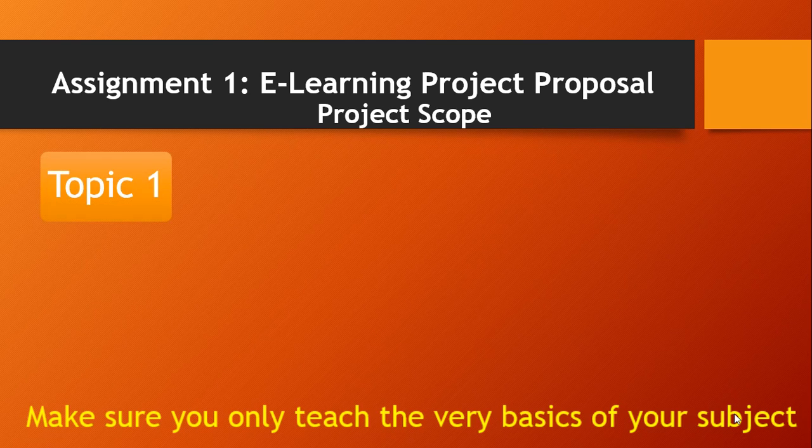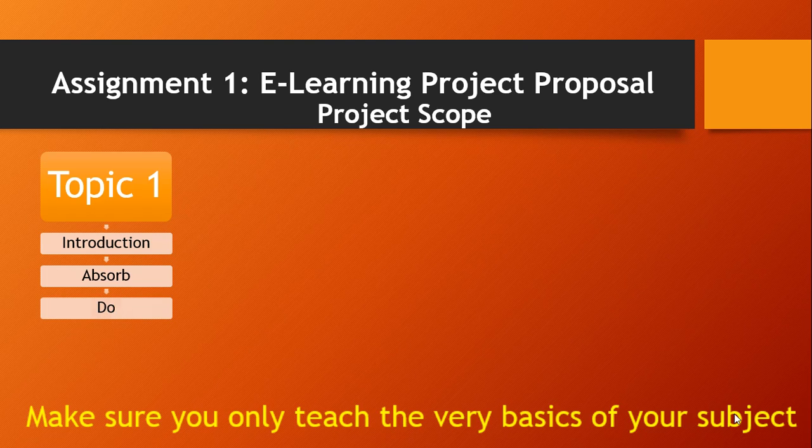The reason for that is that for each topic, you're probably going to have an introduction screen or page. Then you're going to have a screen or page where you present the information, and that is what Horton will call absorb types of activities. Then you're going to have probably another screen where you will allow your learners to practice, and that's what Horton calls do. Then probably an additional screen where you will have your students do connect type of activities, which are usually activities where they can reflect on what they have learned, or connect to other learners regarding what they're learning.